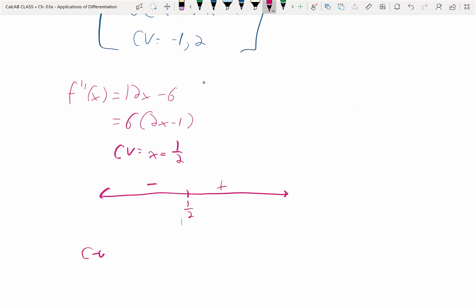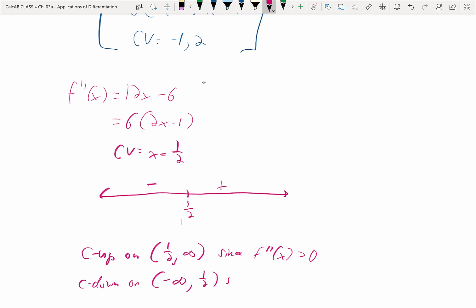And I know that the graph is concave up on 1/2 to infinity, since f double prime of x is greater than 0. It's concave down on negative infinity to 1/2, since f double prime of x is less than 0.